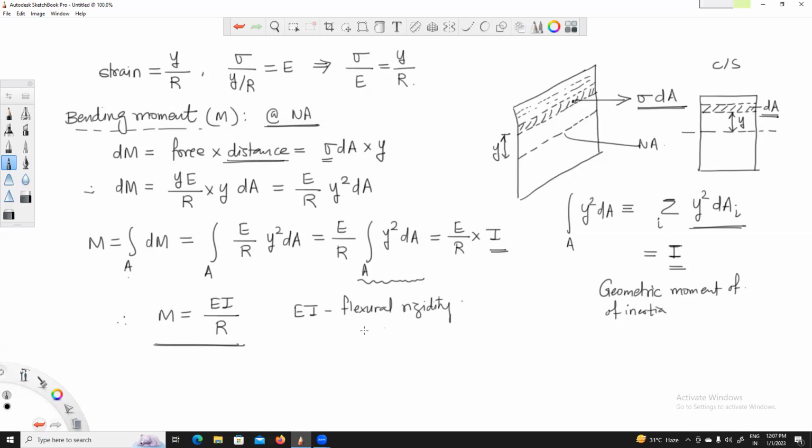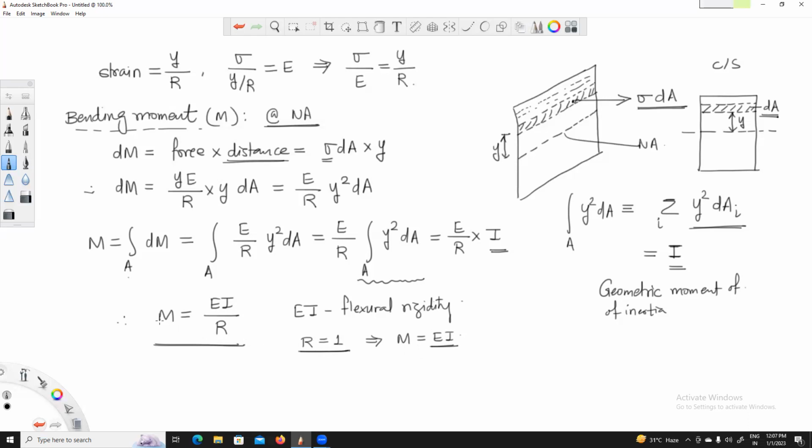So what is flexural rigidity? Suppose your R, the radius of curvature, is unity. In that case, your M is equal to EI. So how do you define flexural rigidity? Flexural rigidity is the bending moment which produces unit radius of curvature of the cross section of the beam.